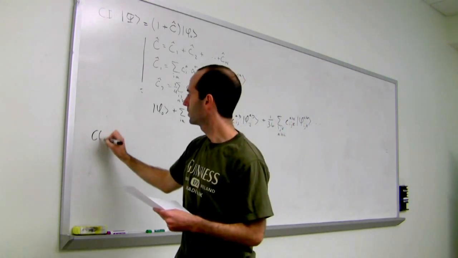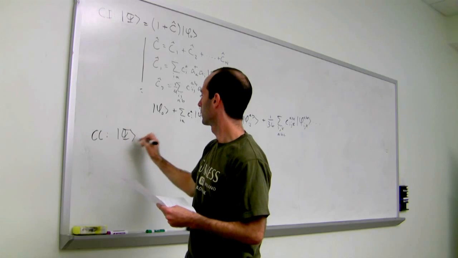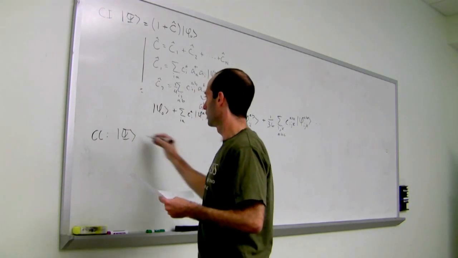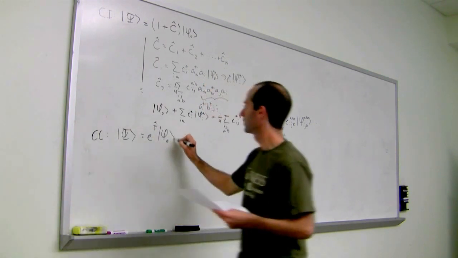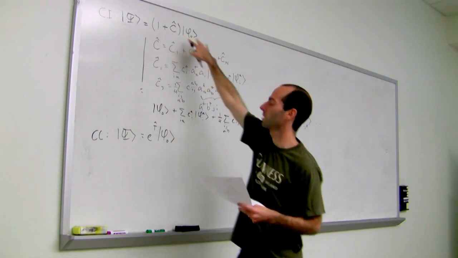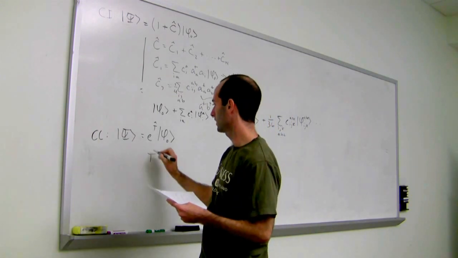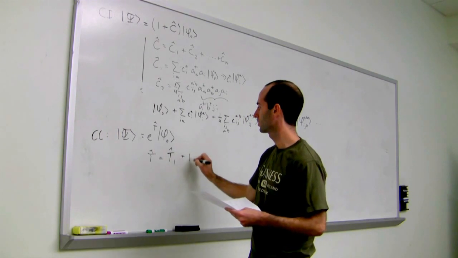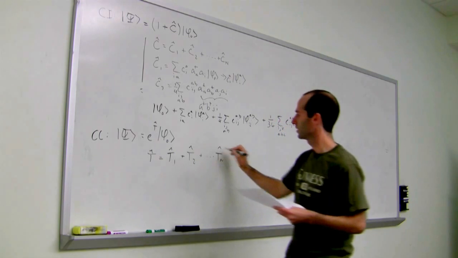The CC wave function, as I said before, is this exponential operator acting on the reference. So already these look kind of similar. We can express them both as an excitation operator acting on the reference. This T is just like C. It's a sum of one particle excitation operators, two particle excitation operators, all the way up to n particle excitation operators.